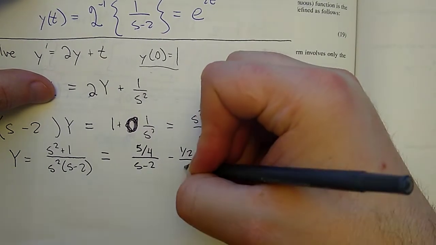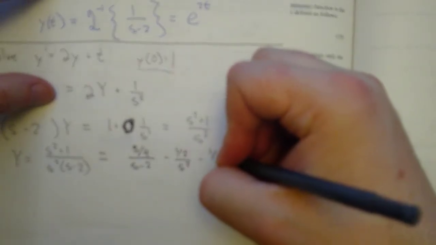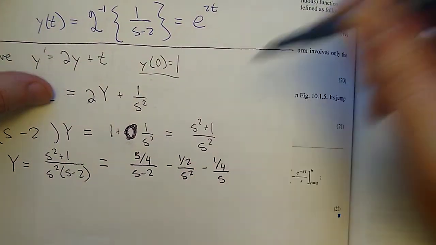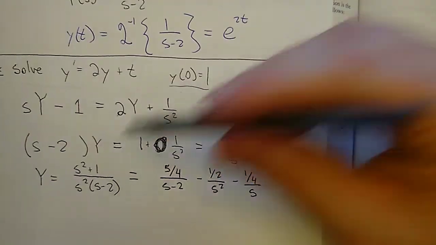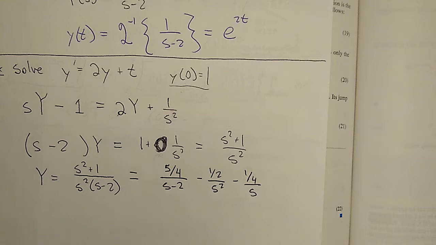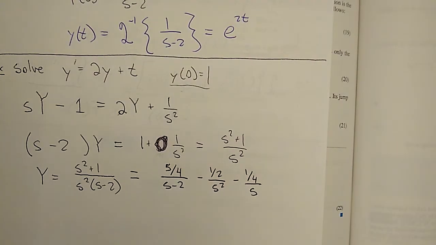I'm copying down what Maple told me. Like this. So this and this are the same thing, and we all know how to do partial fractions. It's just maybe slightly painful, but we know how to do this work. Now I can do the inverse Laplace transform of this.